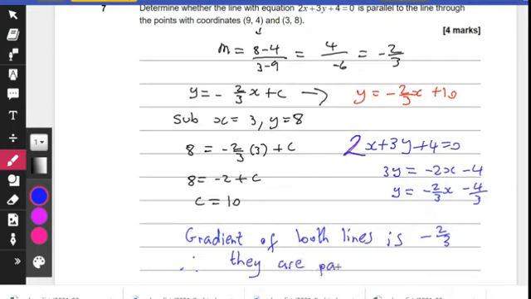Sir, do you have to find the c for the line through the coordinates, because the question is just talking about gradient? To be fair, yeah, upon thinking about it, you don't actually have to. You've established that the gradient of this line is minus 2/3, so you don't actually have to work out c. Okay, so you won't lose a mark if you don't put the c. No, you wouldn't.